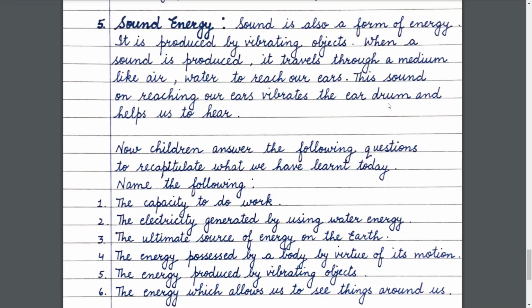Number three, the ultimate source of energy on the earth. Number four, the energy possessed by a body by virtue of its motion. Number five, the energy produced by vibrating objects. Number six, the energy which allows us to see things around us.